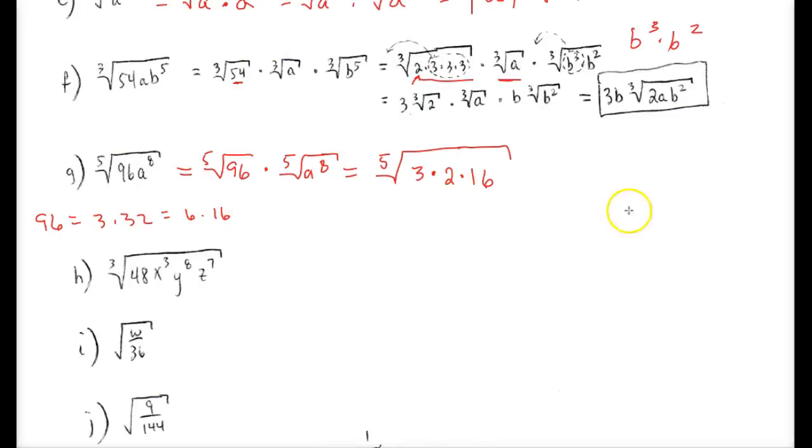Okay, so we could look at it that way. Now, if we look at the 5th root of a raised to the 8th, we know that a raised to the 8th means that we have a multiplied times itself 8 times. So here we got 5 of those we can put together, plus another 3 that has to stay separate.